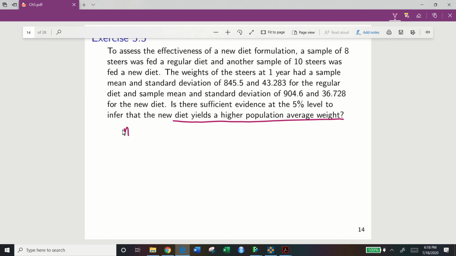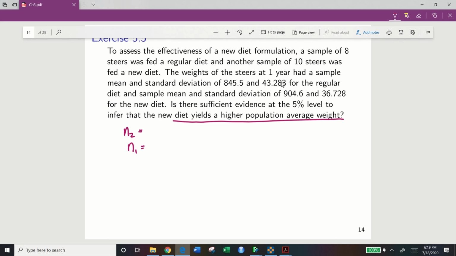So to do that, we have two samples, our sample 1 and sample 2. I'm going to say sample 2 is going to be our regular diet and sample 1 is going to be the new diet. Again, I prefer to keep things positive, which means I'm going to do 1 minus 2, where 1 is the value I believe is larger.